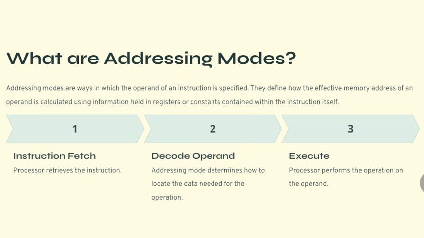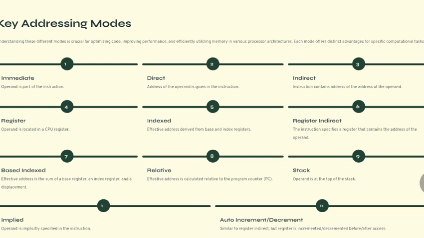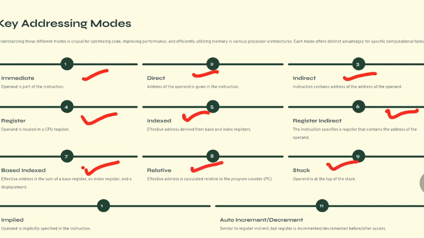Let us understand how many addressing modes are available. There are a number of addressing modes: immediate, direct, indirect, register, index, register indirect, based index, relative, stack, implied, and auto increment and auto decrement addressing modes.